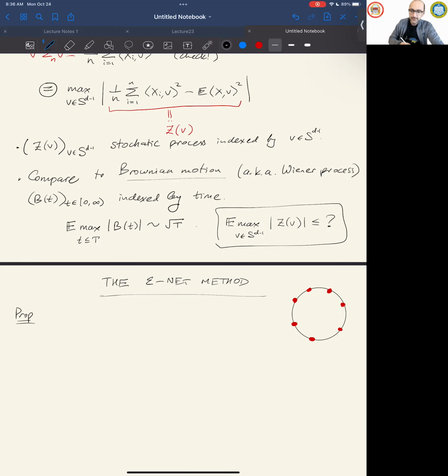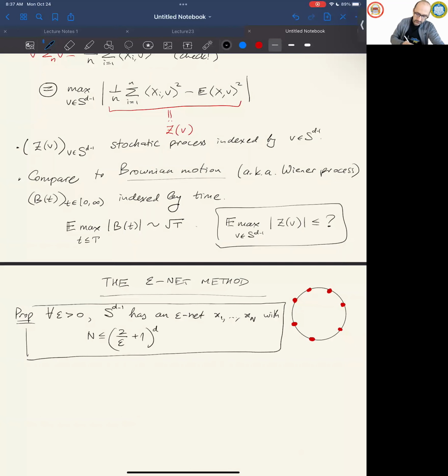Okay, let's put the epsilon-net on the sphere. So we're claiming that for any epsilon, this is a beautiful result. For any epsilon, the unit sphere has an epsilon-net x1 through xn with the number of points that's exponential, something to the power of d, where d is the dimension, and some dependence on epsilon.